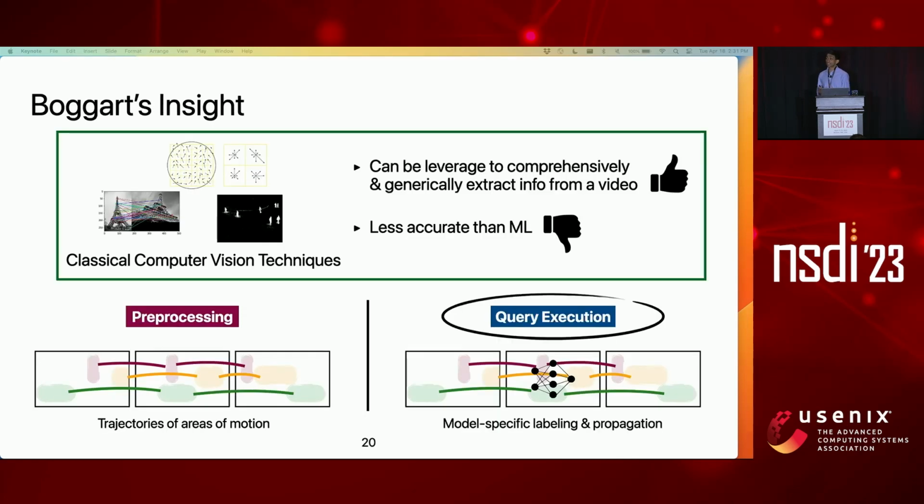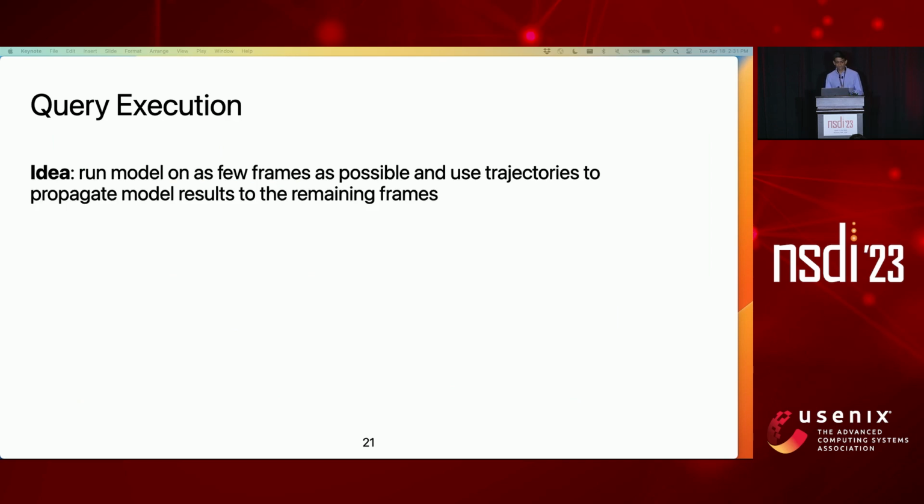So now that we've extracted these trajectories, let's discuss what happens at query execution. Here, the idea is to run the model on as few frames as possible and use the trajectories to propagate model results to the remaining frames. The challenge with this, though, stems from Boggart's decision to use these coarse-grained CV techniques at pre-processing.